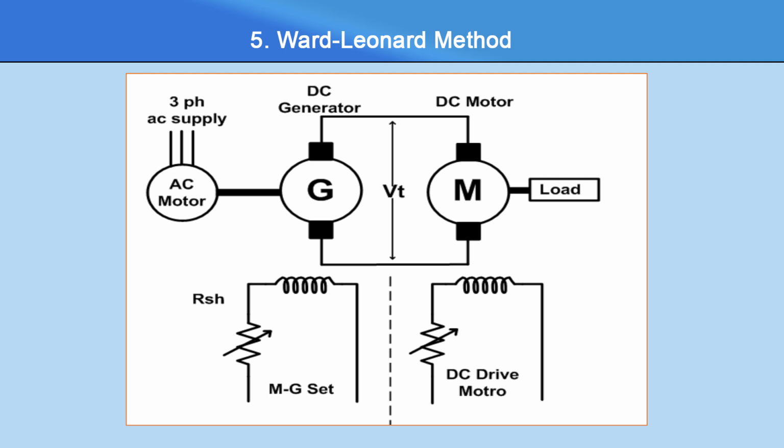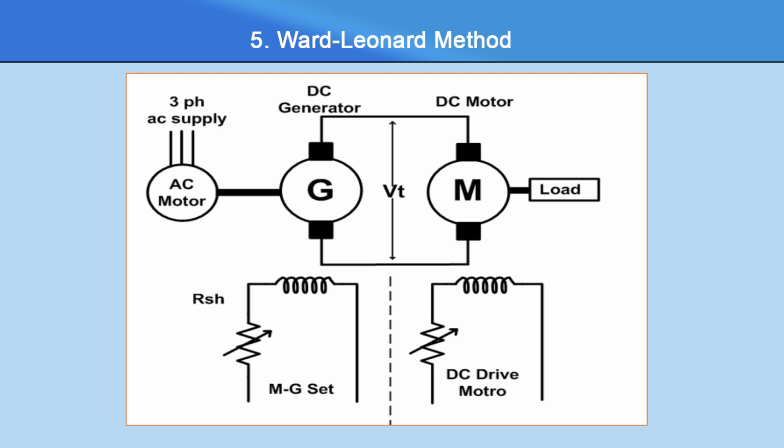So, with the help of the 3-phase AC motor, we can control the speed of the AC motor. With that speed control, we can control the rotational speed of the generator, and we can vary the terminal voltage. And if we can vary the terminal voltage, then the speed of the motor can be controlled, both above the base speed as well as below the base speed.